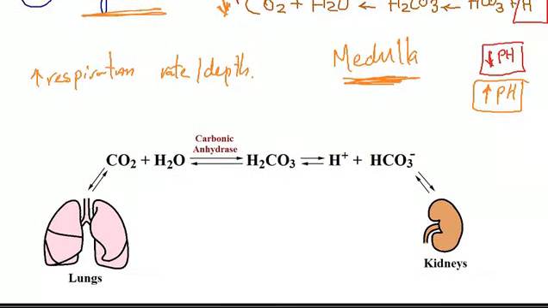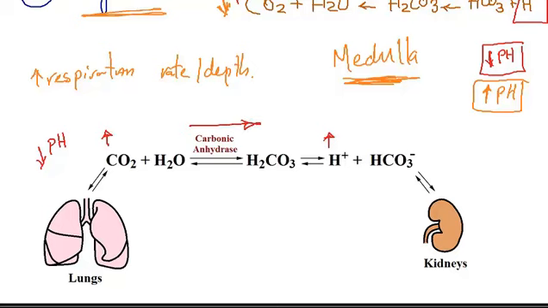And here I have summarized the findings, how CO2 can be combined with water in the presence of carbonic anhydrase to form carbonic acid. Carbonic acid dissociates into hydrogen ion and HCO3. Under conditions where there is low pH, there is therefore high H+ concentration and high CO2. That shifts the equation to the left side.